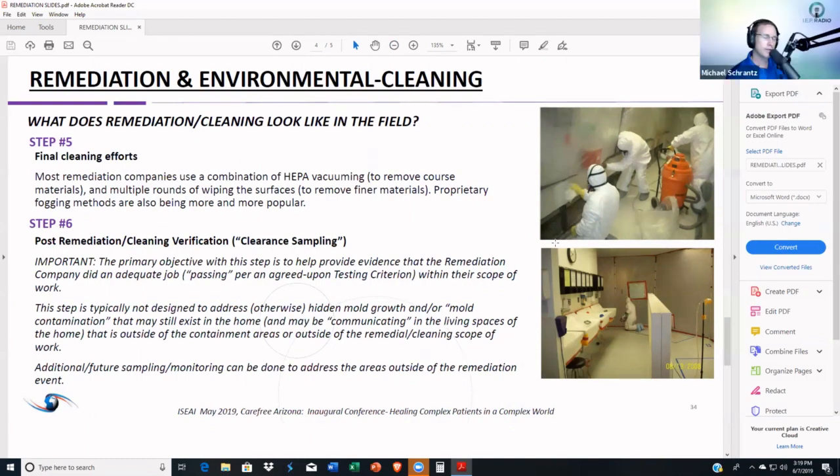That's your white glove kind of test, if you will. You want to get it to where the containment and your rags look clean. When you wipe the wall, you look at it and it looks clean. That's your very first wipe, your wet wipe.